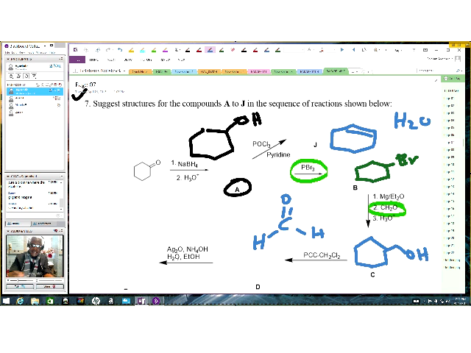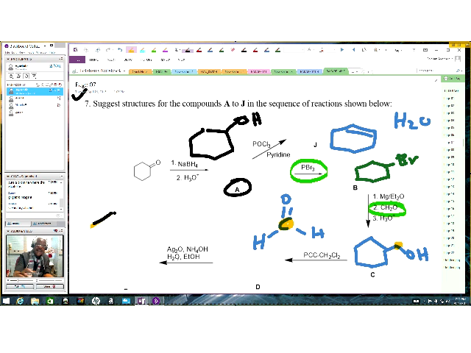Keep in mind that this carbon right here is the carbon of the formaldehyde.